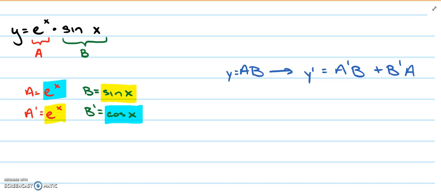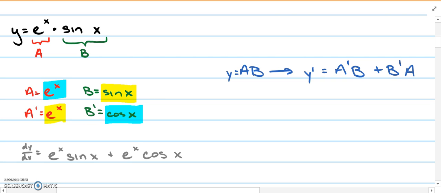In this particular situation, that combination that we just laid out says that your answer for the derivative dy dx, it absolutely looks more complicated, but that's okay. Derivatives don't always make everything simple. E to the x times sine of x plus e to the x cosine of x.